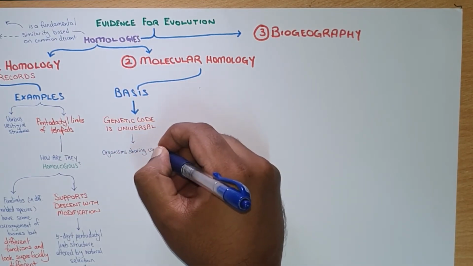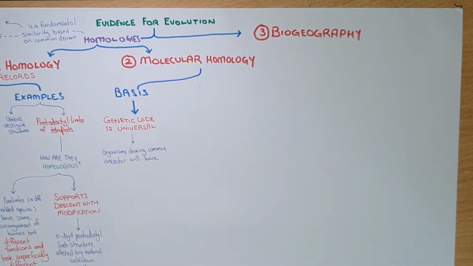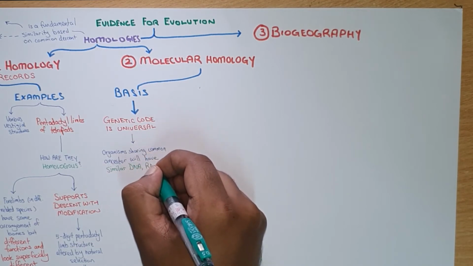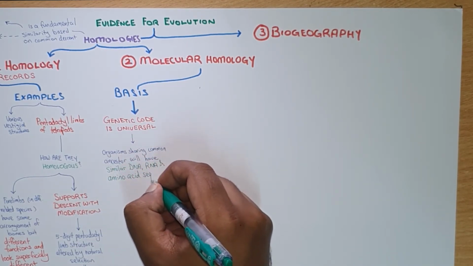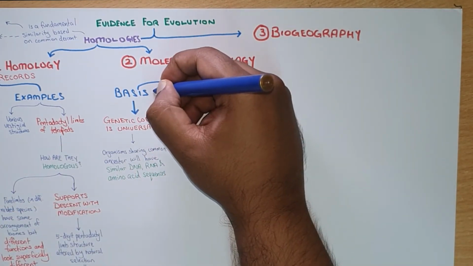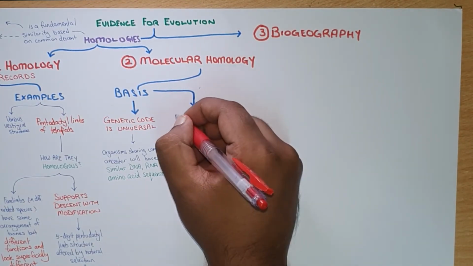So organisms that share common ancestors, we know that they will have quite similar or very similar DNA, RNA, and amino acid sequences.